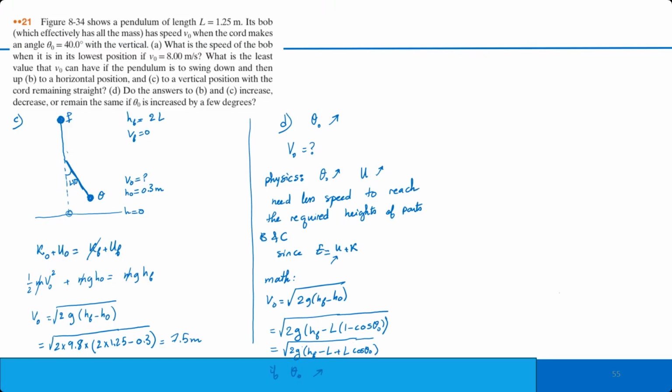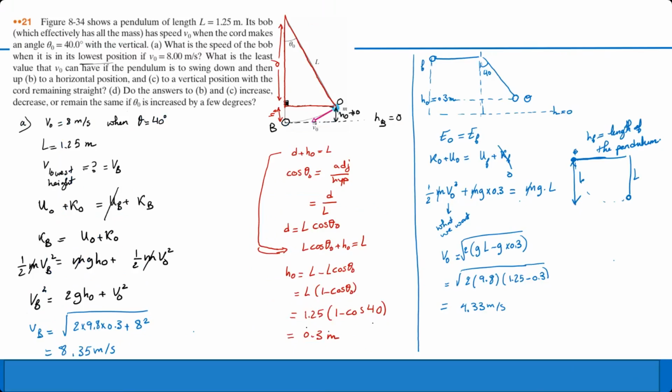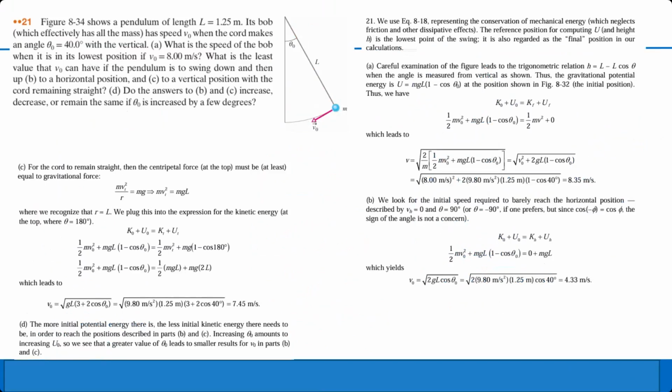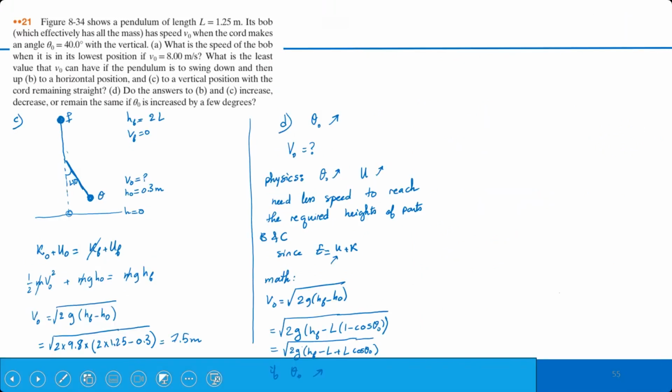Okay, let me take a look again. The math doesn't seem to be matching. I'll double check the formula I got. Yeah, H0 is L times (1 minus cosine theta 0).